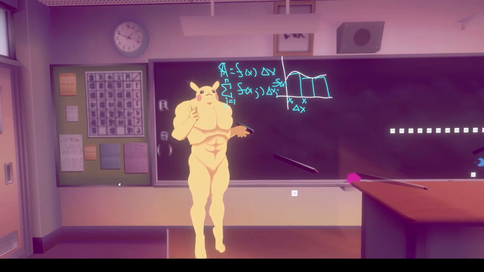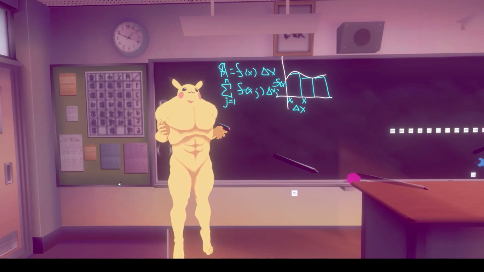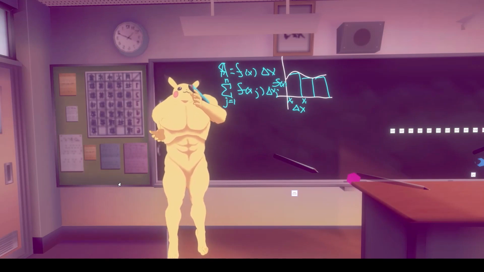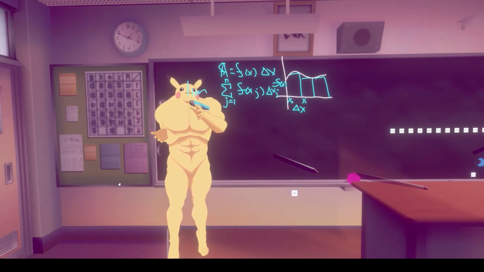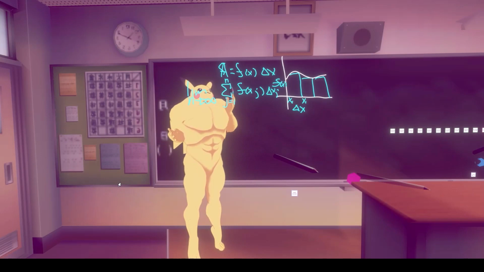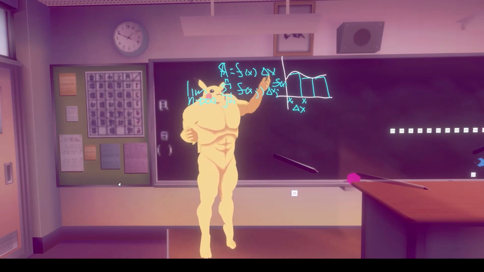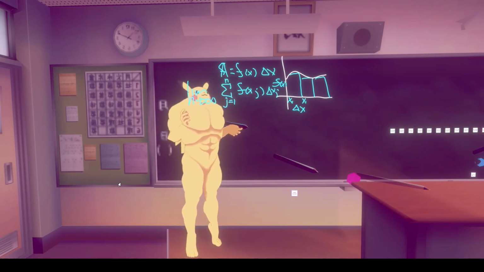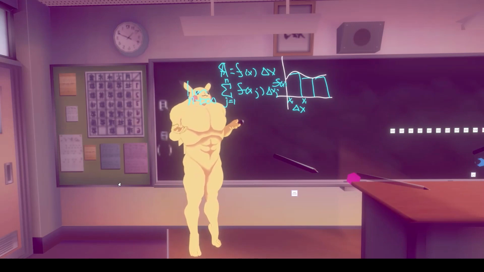Thankfully, we already have a tool for that. That's called the limit. What we need to do is take the limit as n approaches infinity. This way, we're getting the value of infinite number of rectangles without it actually becoming 0. And that way we can get technically the exact area below the curve.